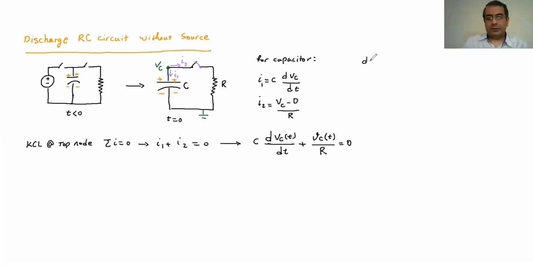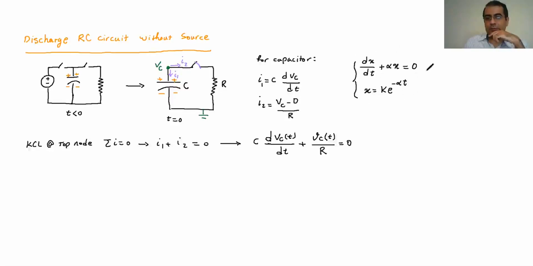If you have a differential equation like dx over dt plus alpha x equals 0, the answer for that equation is x equals k e to the negative alpha t. For details, refer to your differential equation course.